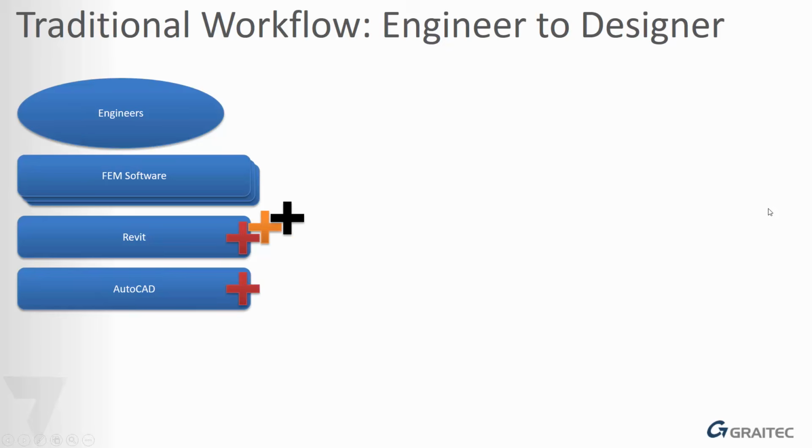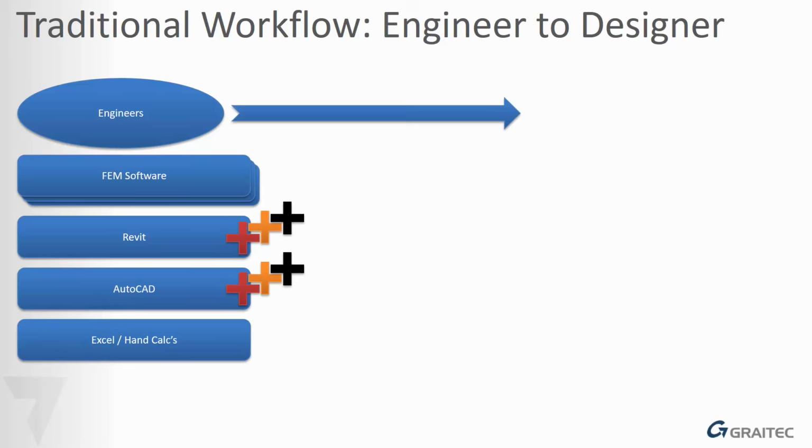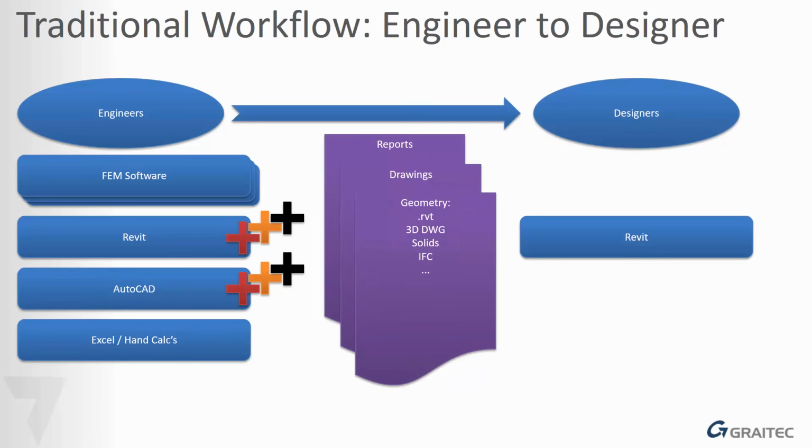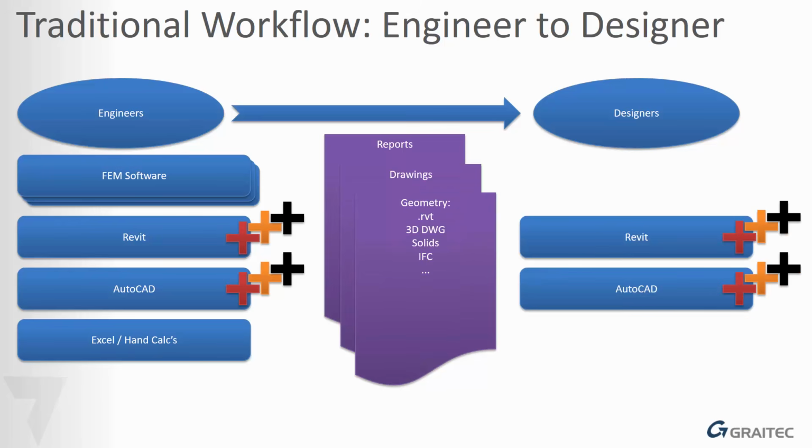So if we look at today's traditional workflow, you can see that engineers are using analysis and design software, maybe using Revit files, AutoCAD, and Excel and hand calcs, so different tools, and they're generating a lot of information for reports, for drawings, some Revit models, some AutoCAD models, some other 3D models.